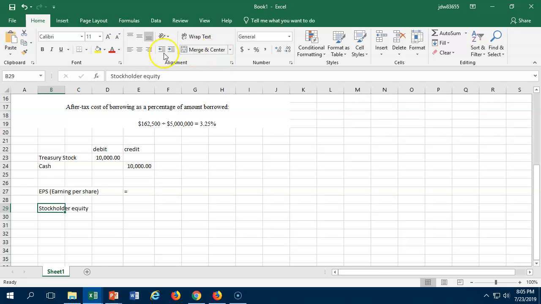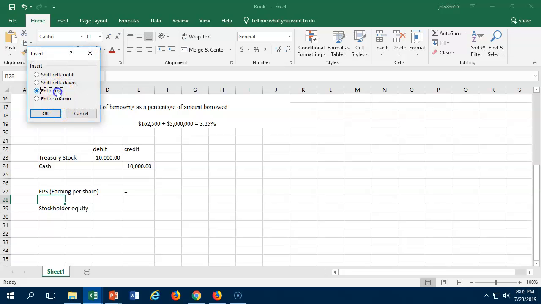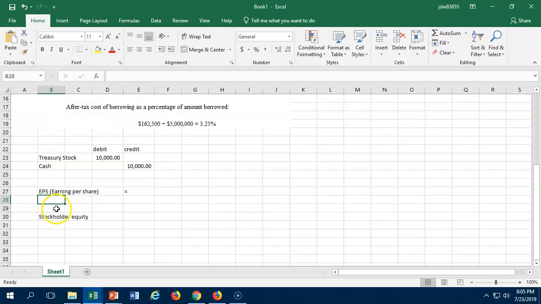Yeah. So it would be earnings, like profit. Yeah, your profit divided by stockholder equity, and then that equals earnings per share. Okay.